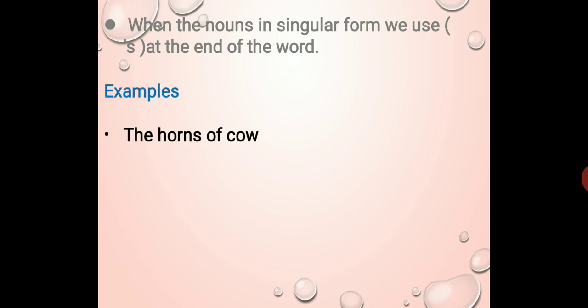The horns of the cow. So here is one hint for you: after the word of, which word is there? Cow. Whenever we write in possession form, the word after of will come in the first position, and the word before of we use in the second position.